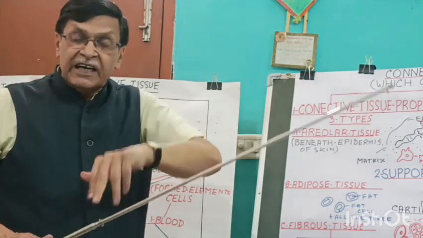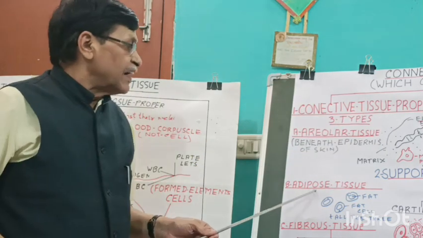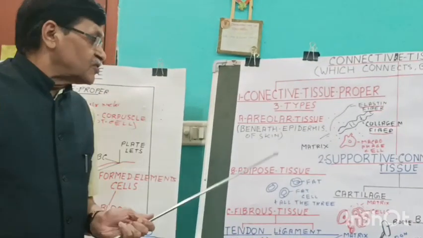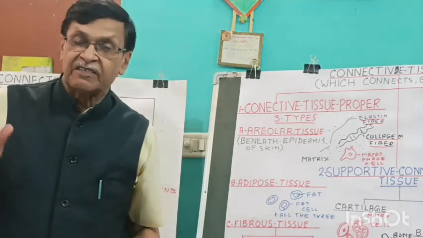And just below the epidermis and dermis part of the skin, we have adipose tissue, which contains some fat cells and all the other three components.